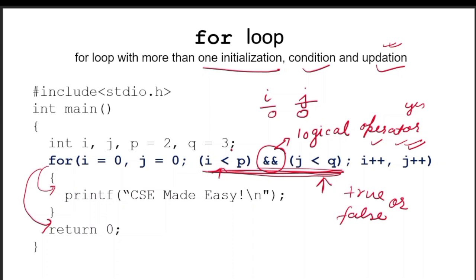If you get two values, one true and one false, then what are you going to decide, whether to enter or not? So here you have to connect with logical operators. This is the AND logical operator. You can connect with OR also, and you can use all the logical operators. So this is one variation of how to use the for loop.